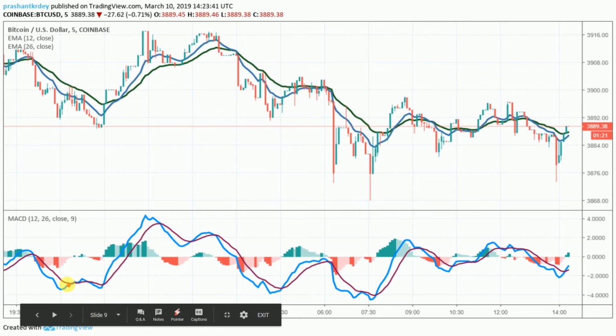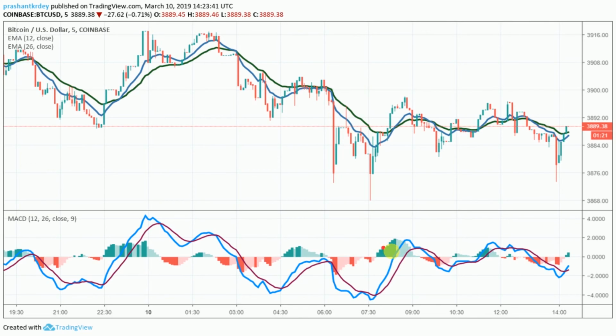Now if you see closely, these lines over here are almost the same, so there's not much movement here. They're kind of static, straight lines. But here, these are the big ones. I can see very big lines over here. So this means the difference is huge, and that's a huge bullish movement here.